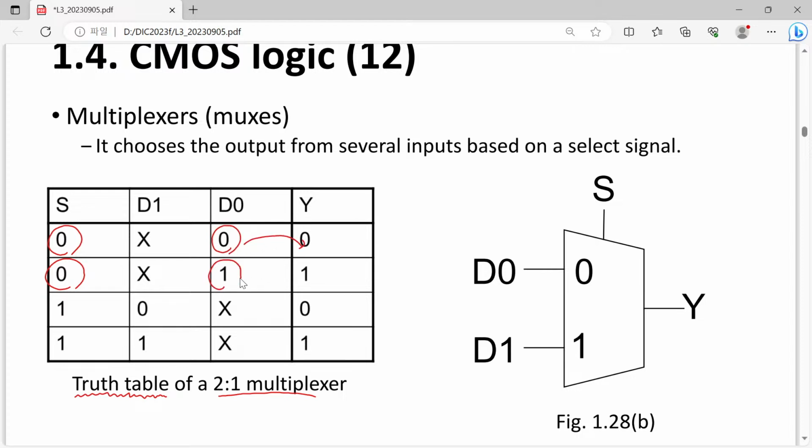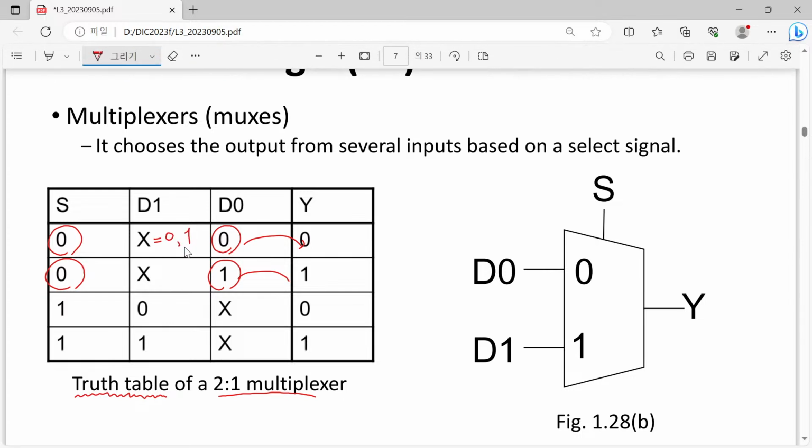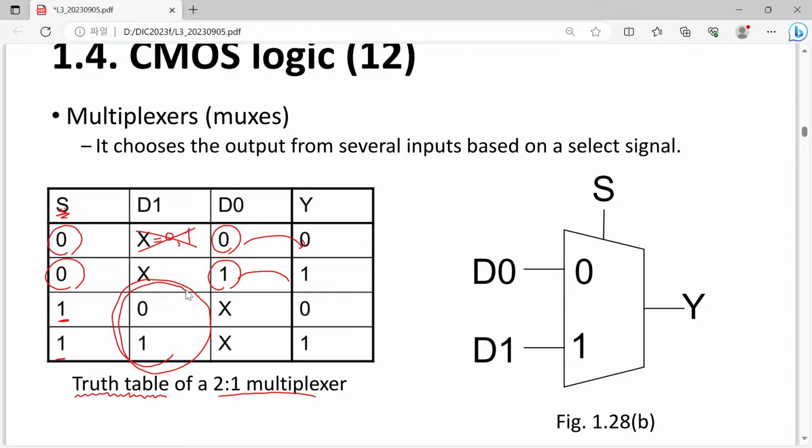So D0 is copied to Y. Whether the other input is 0 or 1 doesn't matter, because it is just disconnected, not selected by our signal. And when we have signal equal to 1, then on the other hand, D1 is selected, and this D1 is just copied to Y, and the value of our D0 doesn't matter.